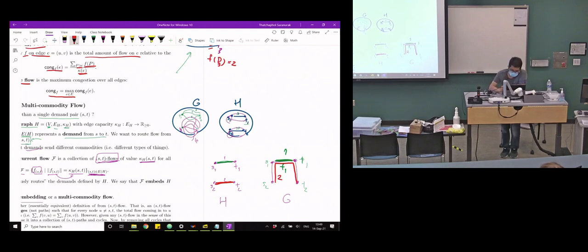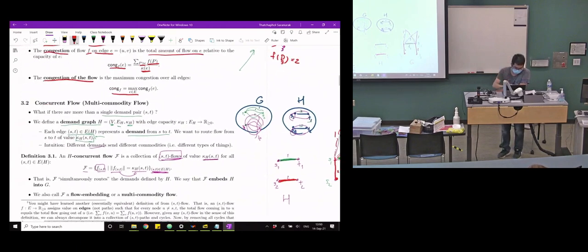And note that because this is a flow, you don't need to put everything on one path, right? Suppose that I have more edges, for example, more edges like this. I might actually just send flow 2 here, and 1 here, and they come together here as 2. It's just a flow.